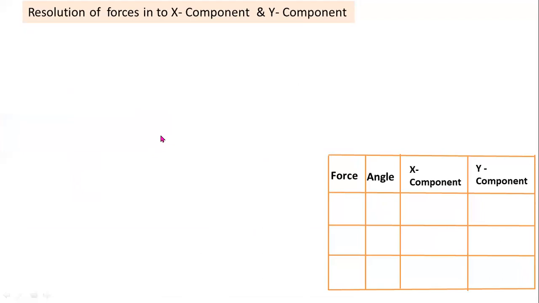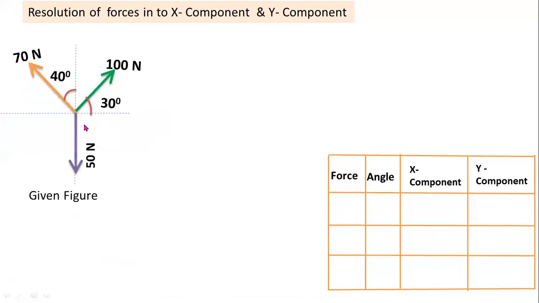Now coming to the last example. Here you can observe three forces acting at a common point. One force is vertical, and the other two forces are inclined. How do we convert these two inclined forces into horizontal and vertical forces?